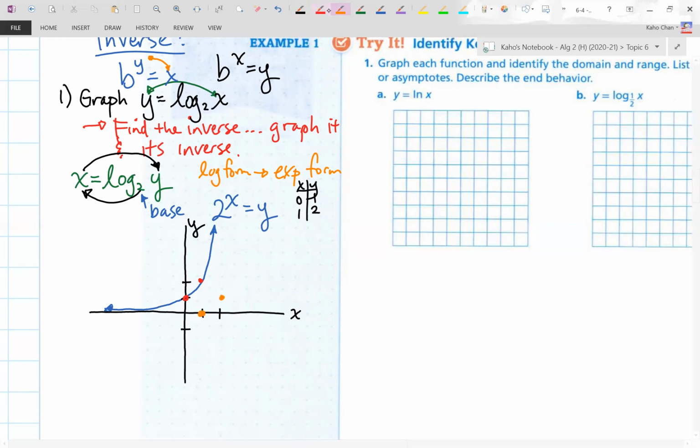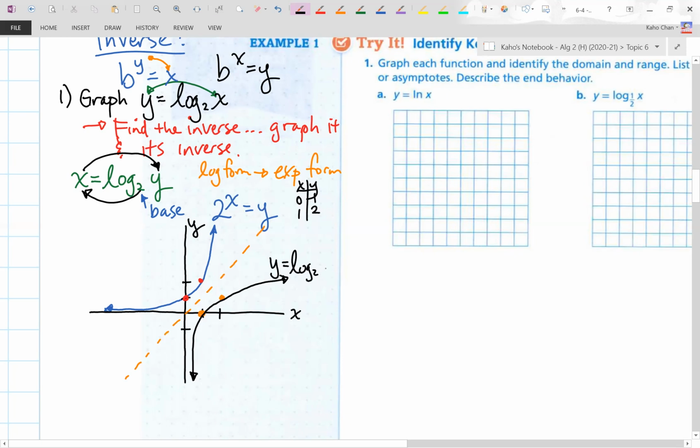And it's a mirror image along the diagonal y equals x. And when I graph the inverse, I'll get this. Bam. There it is, ladies and gentlemen. This is the original problem, y equals log base 2 of x. That's what I wanted originally.